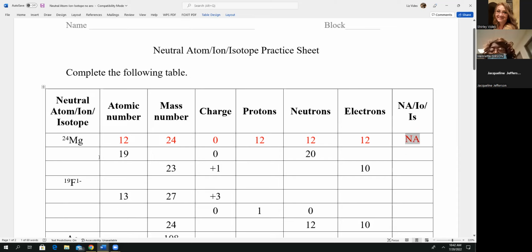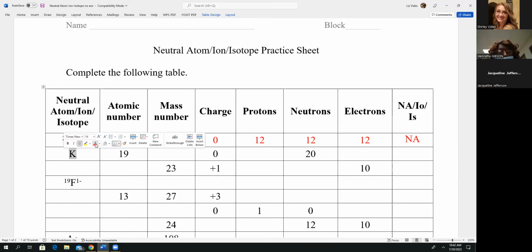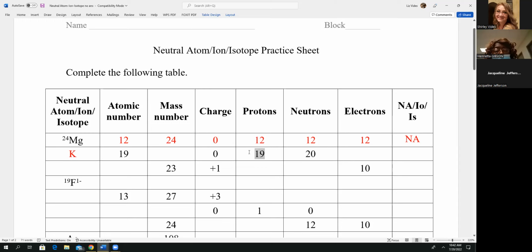Now, this one is not given to us, but we're given the atomic number. The atomic number tells us who it is. The atomic number 19 is potassium, so we know this one is K. And we know that the protons are 19, because the atomic number is the same as the protons.